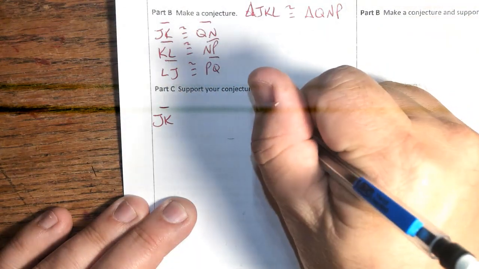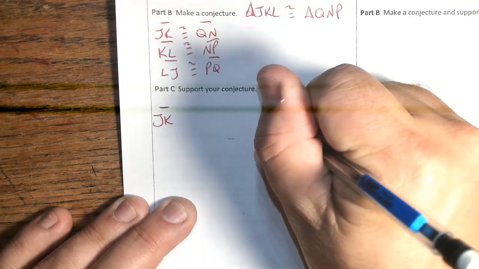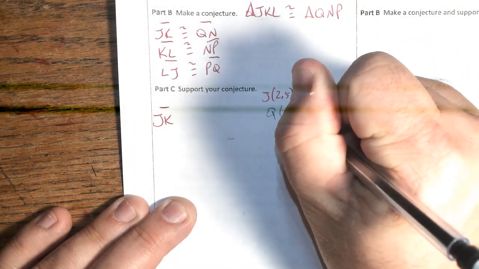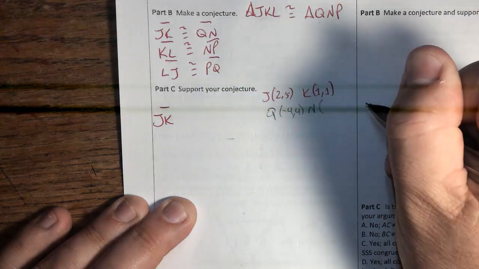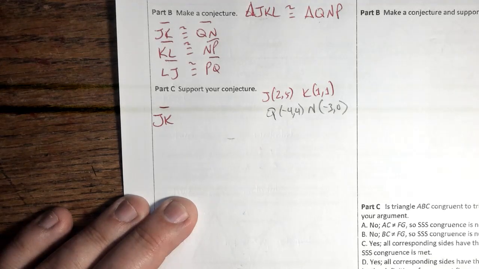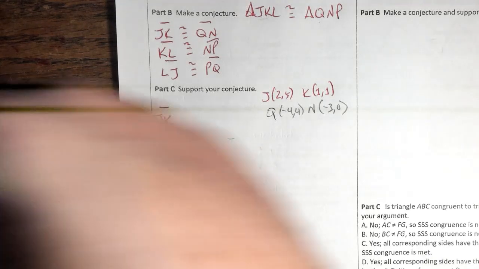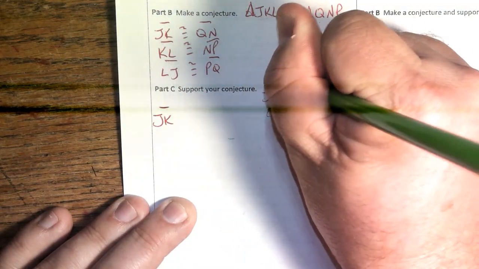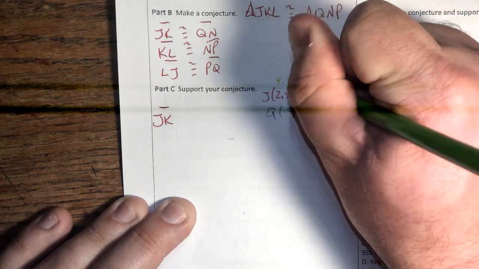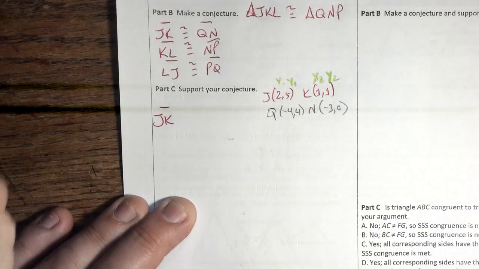What did we say? QN. Q is at -4, 4. And N is at -3, 0. So our x1, y1 is going to be right here, x2, y2. So we can do that for both, all right?